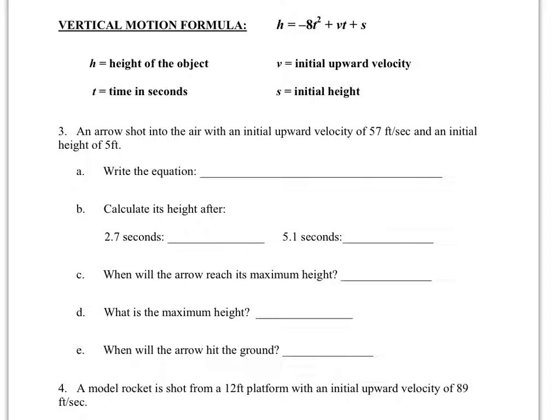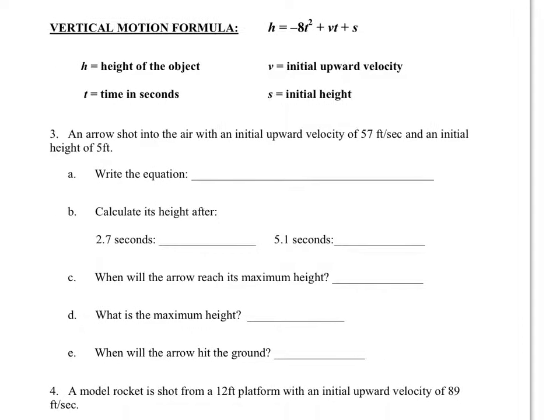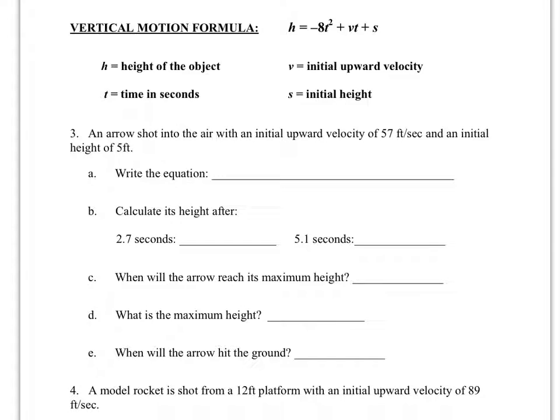And then the next section, which is technically on the next page, we have the vertical motion formula. We've been given a formula: h equals negative 8t squared plus vt plus s. H represents the height of the object, t represents time in seconds, v represents the initial upward velocity, and s represents the initial height.